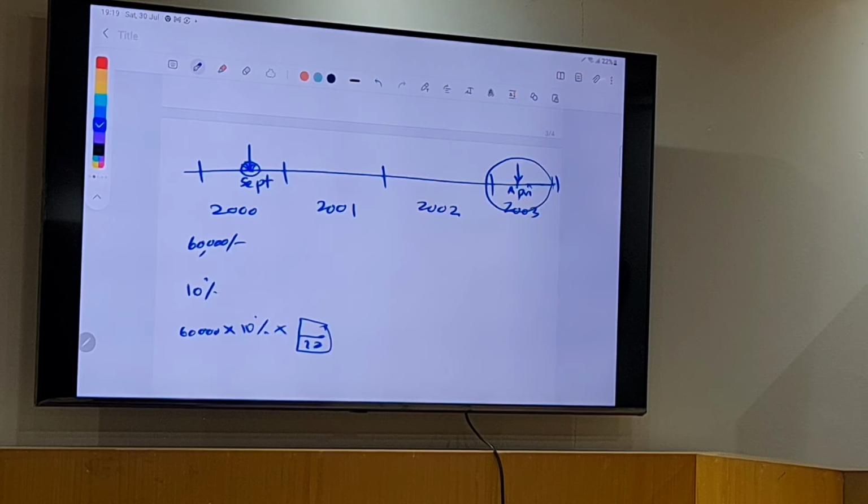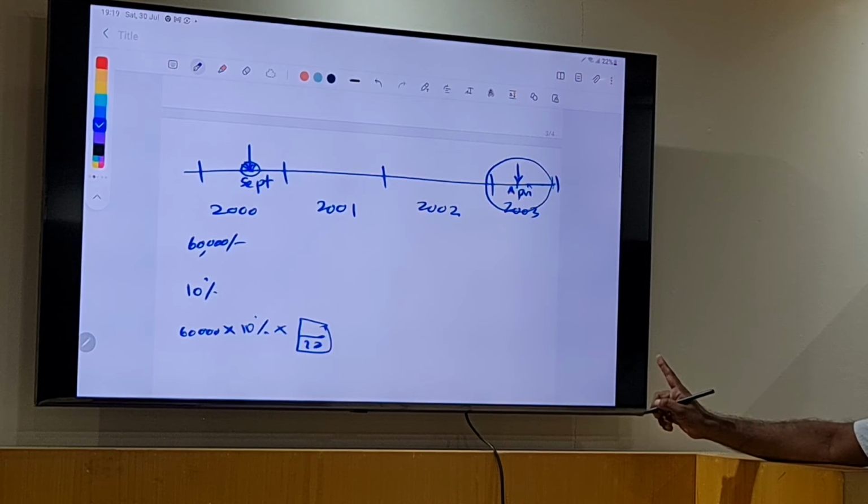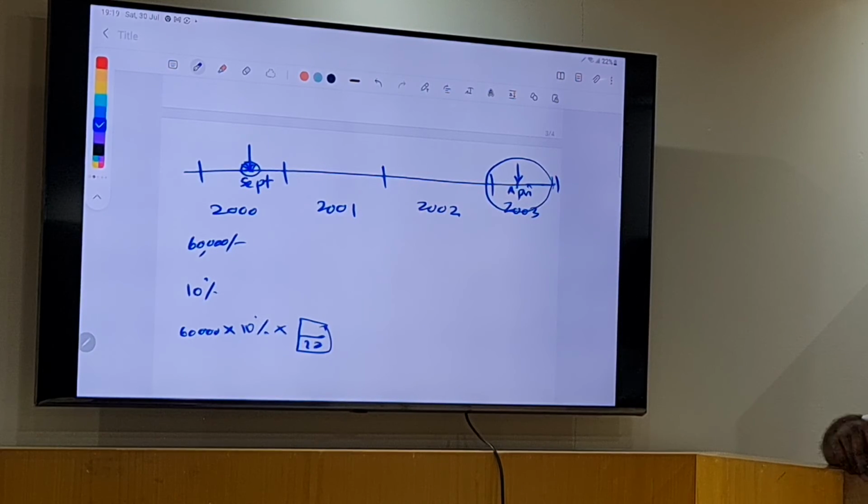So this is method number 1. Method number 2, no depreciation in the year of purchase, full depreciation in the year of sale. That's method number 2, the opposite of this. The numbers will be the same. Method number 3, proportionate basis.